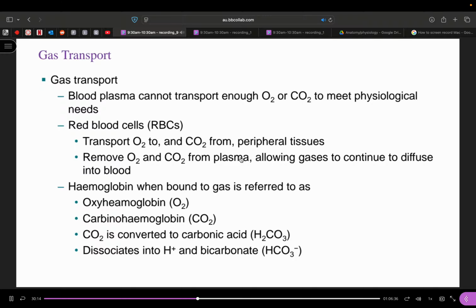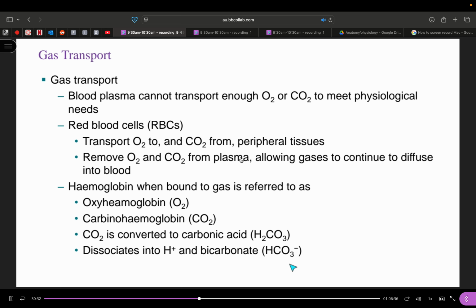And the bicarbonate is the leftover component. If at any point there's too much of either one of these, then the kidney will kick in and take care of excreting whatever it is there is too much of.